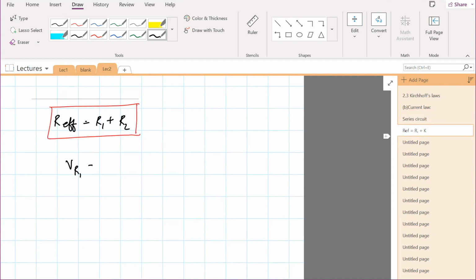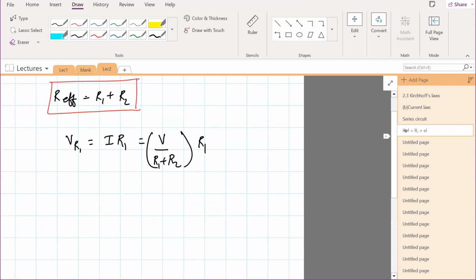So VR1, by the constitutive relation, is I times R1, but we solved for I, that's V divided by R1 plus R2, times R1. Okay, and I can rewrite this as R1 divided by R1 plus R2 times V.